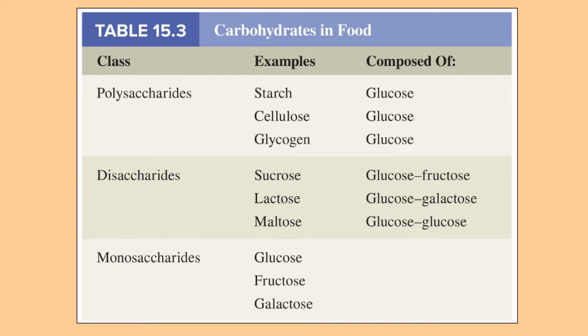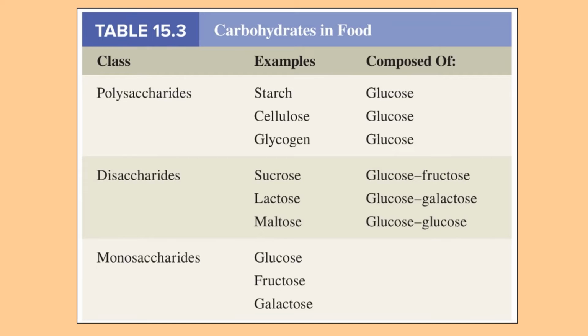Disaccharides, you recall, are made up of two monomer building blocks, two monosaccharides linked together. And the most common disaccharides we find in food are sucrose, that's table sugar, lactose, that's milk sugar, and maltose. And you can see there are different combinations of monosaccharides, like sucrose is one glucose attached to one fructose.